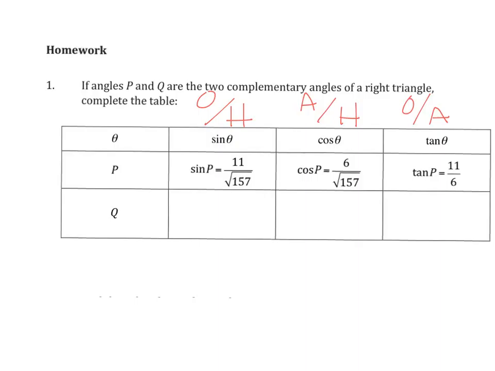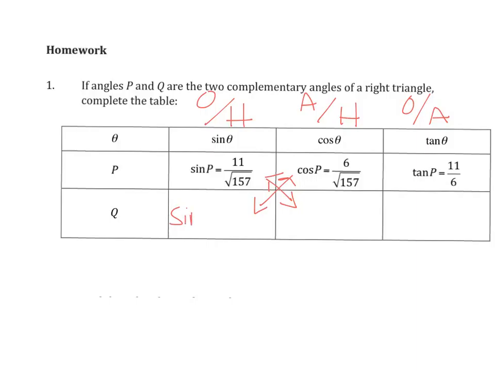the sine of one angle is equal to the cosine of the complement. So that means these two are going to be the same values, and these two are going to be the same values.